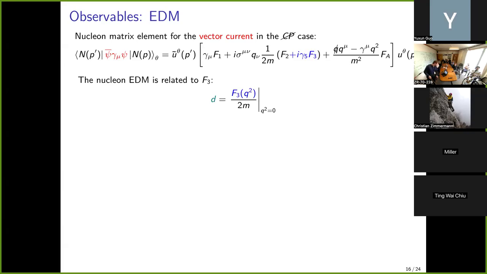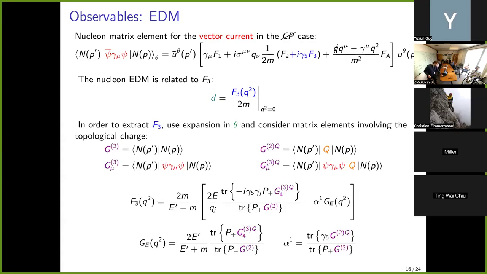This we already had. This is the matrix element we want to calculate on the lattice. The form factor F3 is what we want to extract because it gives us the electric dipole moment. So all we have to do is calculate this matrix element in the CP conserving case, which requires the usual matrix element of the electromagnetic current.